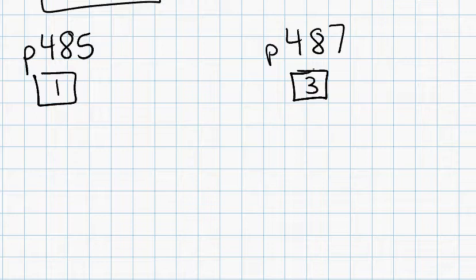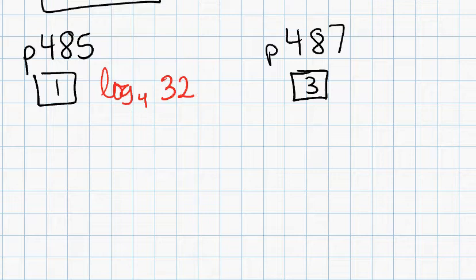Welcome back. So we wanted log base 4 of 32. When you divide 32 by 4, you get an extra 2.